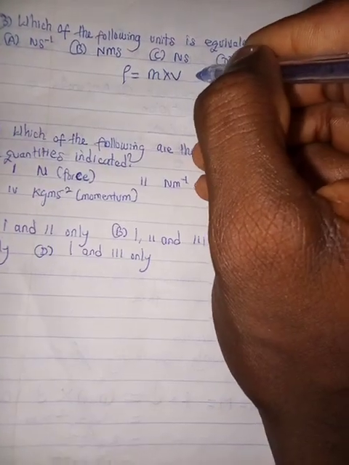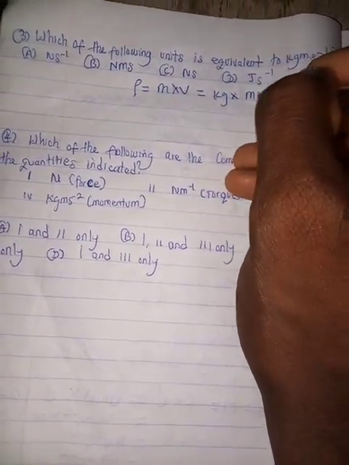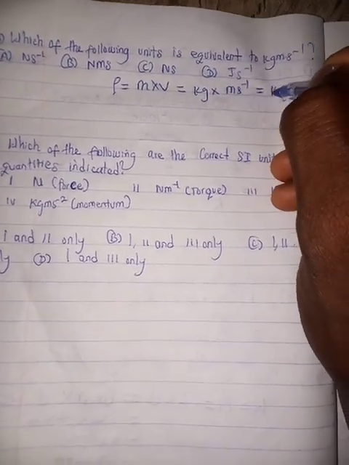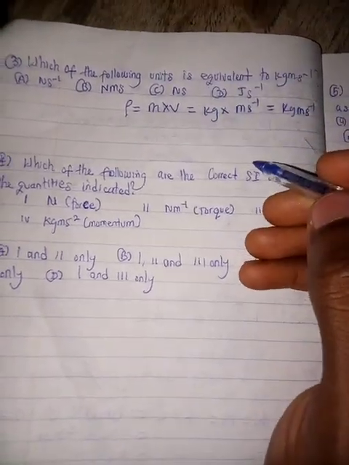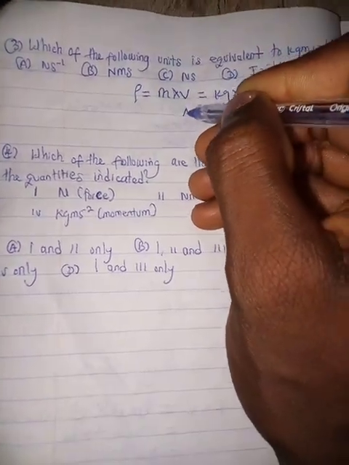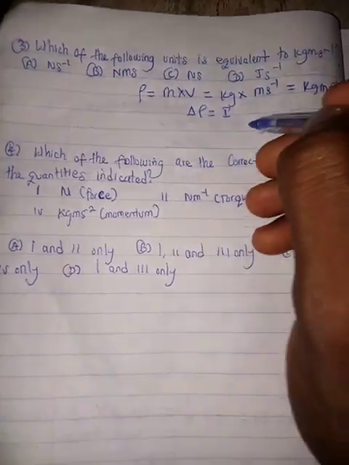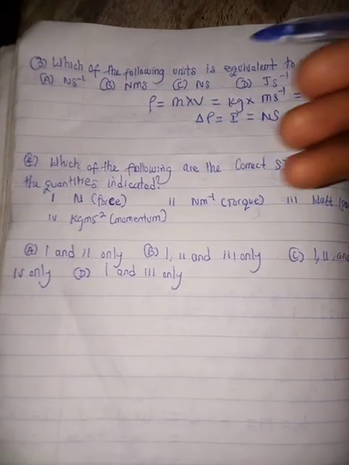Then also mass in kilogram times velocity in meter per second, which is equal to kilogram meter per second. And we know that change doesn't have any unit. So change in momentum is equal to impulse. And impulse is measured in Newton second, which means the answer is C.